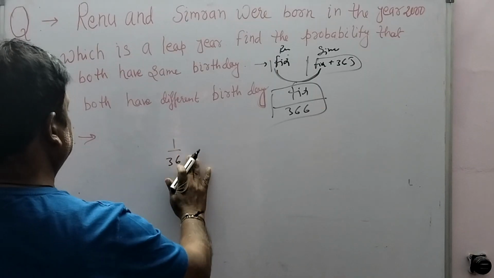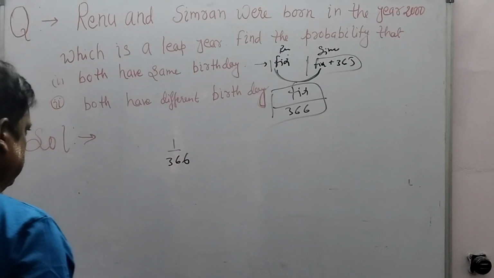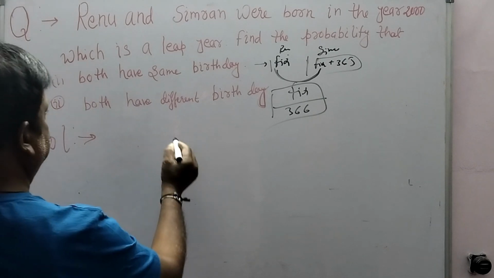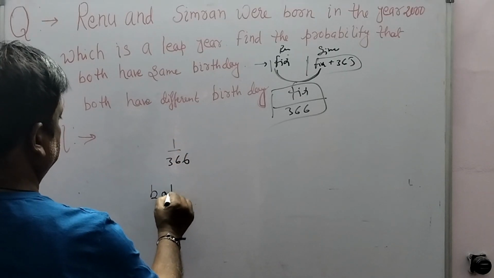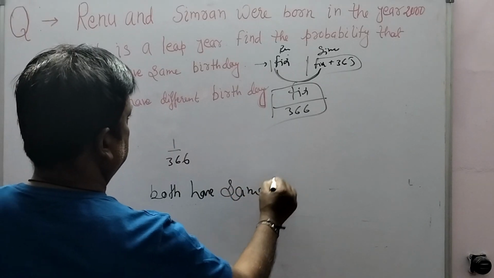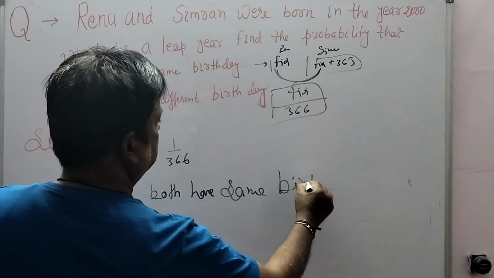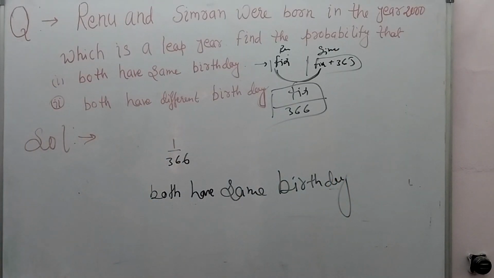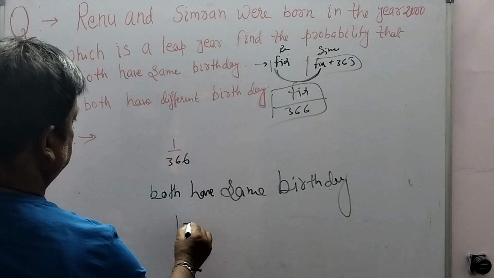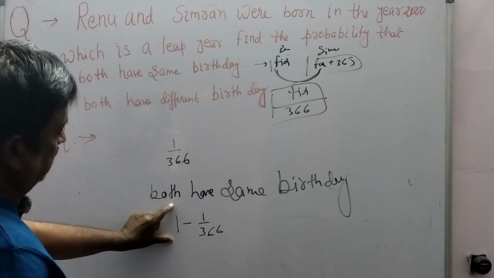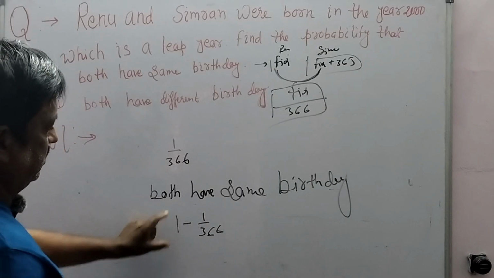The other probability, where both have the same birthday, means total probability 1 minus 1 by 366. The full probability is 1.